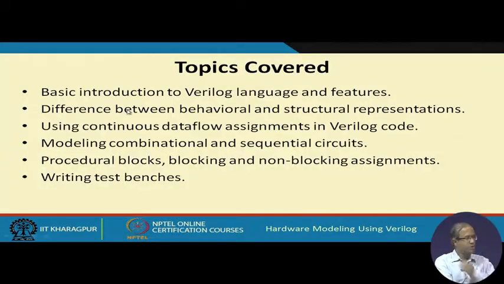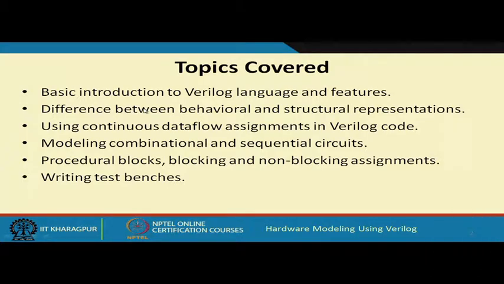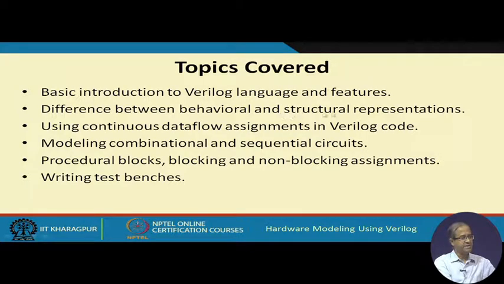So, using these basic constructs, you are able to write simple models, even more complex models. Models of various complexities can be created, and you are getting a platform where you can develop more complex designs.